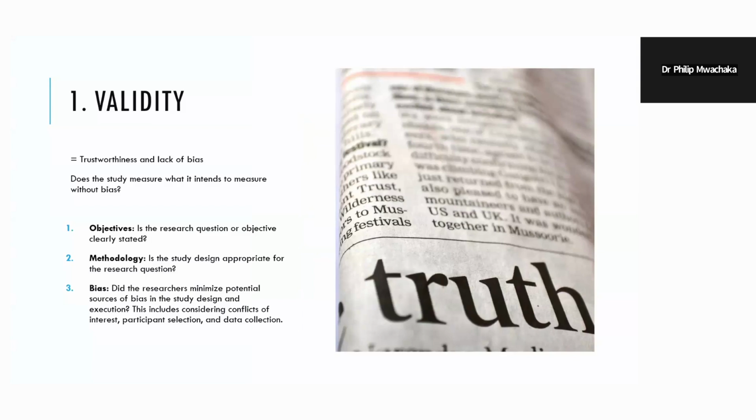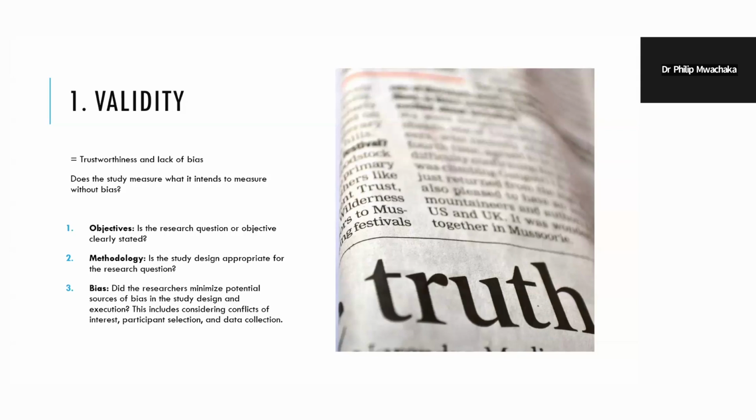And basically, it also includes lack of bias. So the biggest question you try to answer by looking at the validity of the study is, does the study measure what it intends to measure without bias? We'll be looking at the definitions of bias later, but that's the biggest question you need to answer when you're looking at the paper.